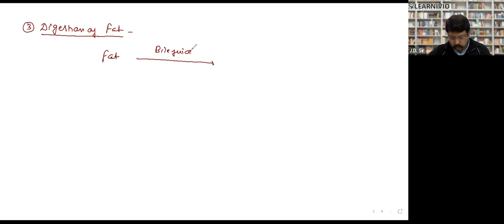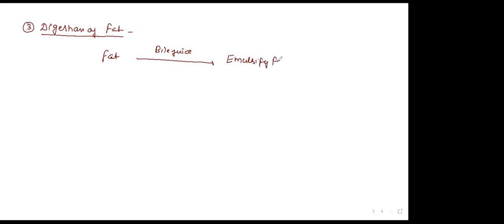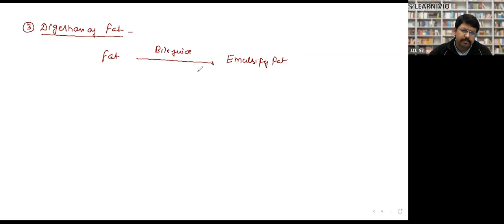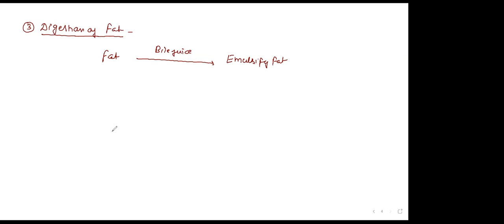What does bile juice actually do? It emulsifies fat. Are you aware of the process of emulsification? It mixes the fat into water, so that it causes the emulsification of fat.